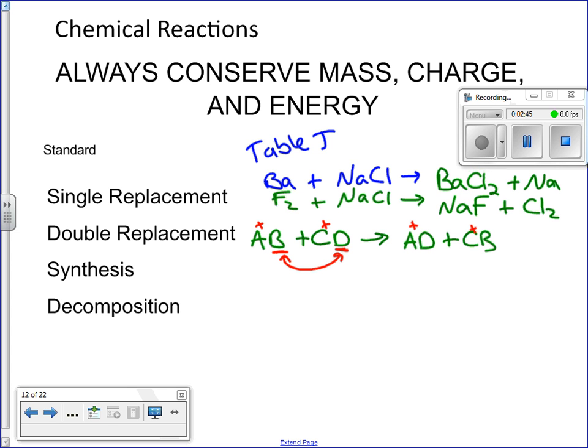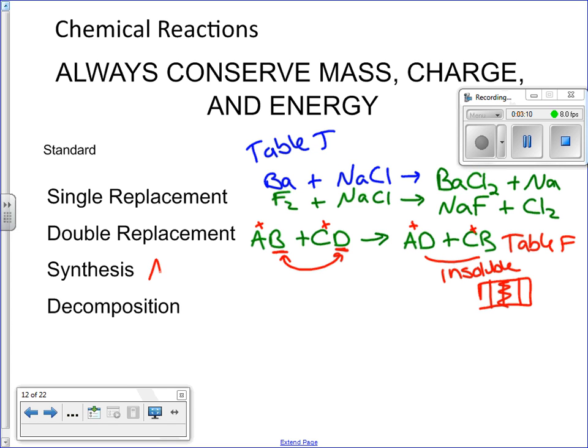A neutralization reaction is a double replacement reaction. You're looking at table F for this. Table F will tell you if this reaction happens. One of these two needs to be insoluble. That means on the middle two columns here of table F in order for this reaction to happen. That's the precipitate, that's the solid.